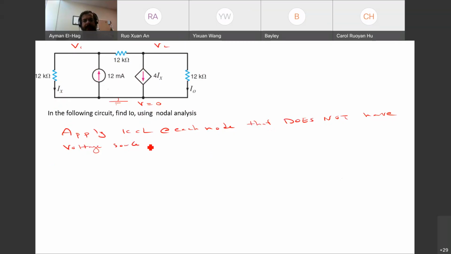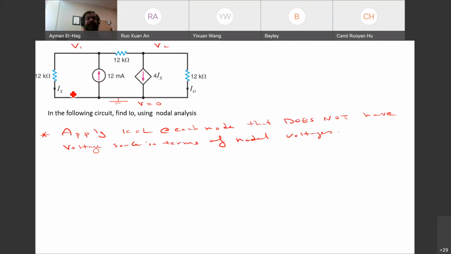So you will apply KCL for that. Now, when you apply KCL, let's see here, in terms of node voltages. This is why I call it nodal analysis.